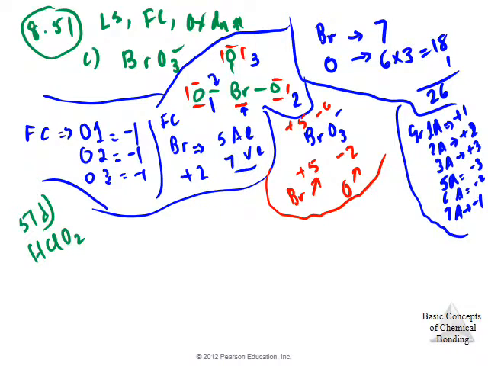So just write down the Lewis structure first, and let's get the valence electrons first. Hydrogen is +1, has 1 electron. Cl has 7. I'm assuming that you're following it now. Each oxygen has 6, times 2. That's 12 electrons. And altogether, we have 20 valence electrons.